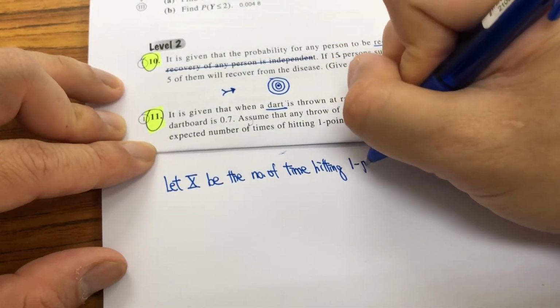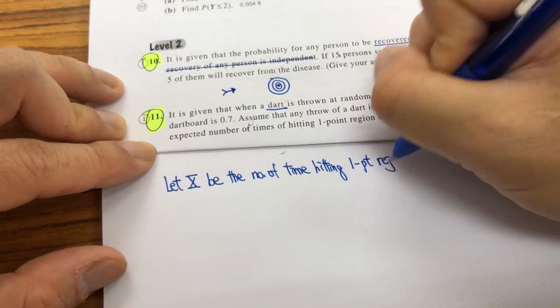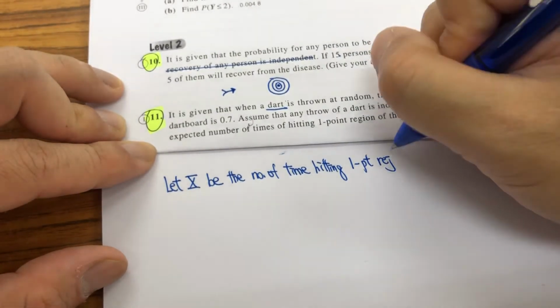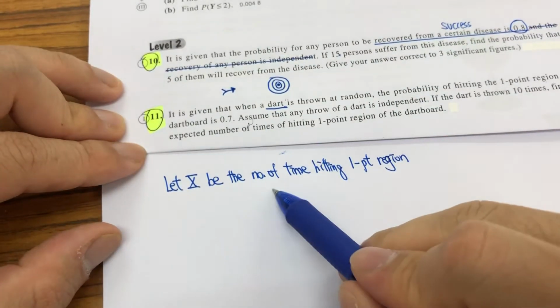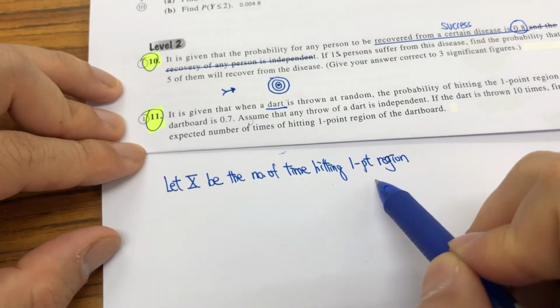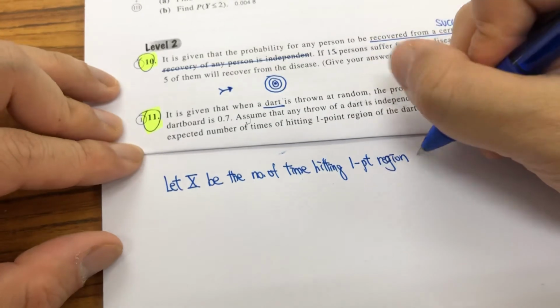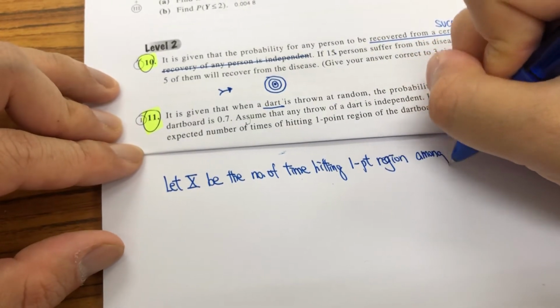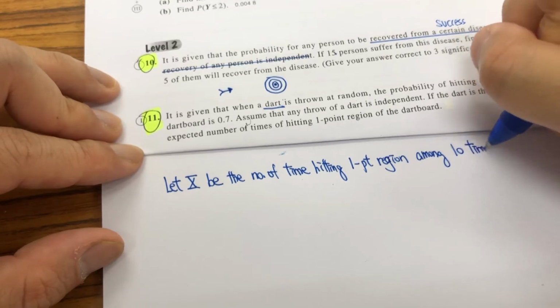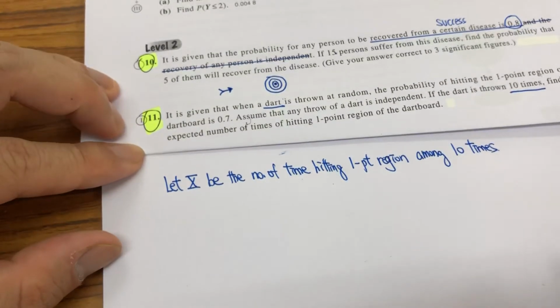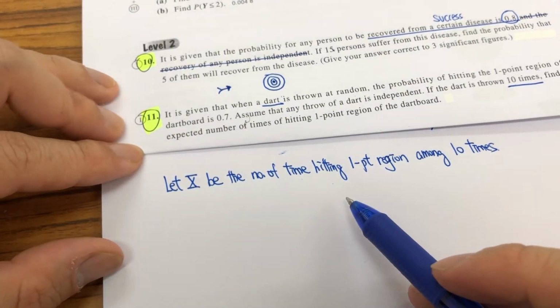Hitting the 1 point region. How to spell? G-I-O-N. Okay. Let X be the number of times hitting the 1 point region, out of totally 10 times. Okay. It is properly defined.